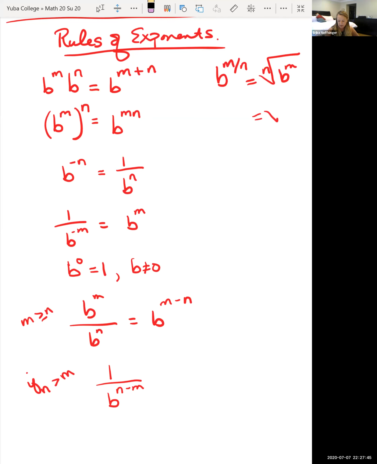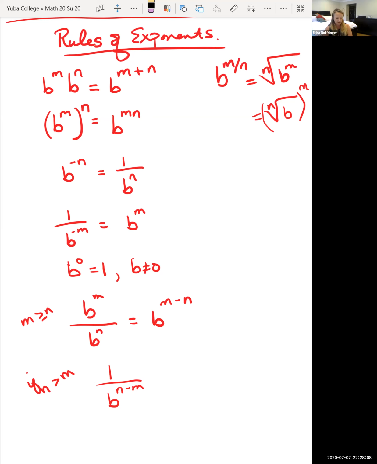Or if you're trying to simplify and your value of m is bigger than n, it's easier if you first take the nth root of b, if possible, and then raise that result to the m power. That way you're not dealing with a radical of such a huge number, and it's easier to handle.